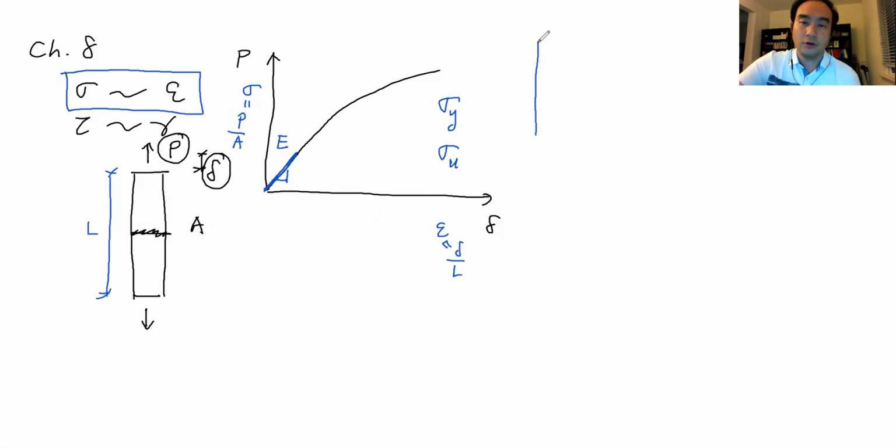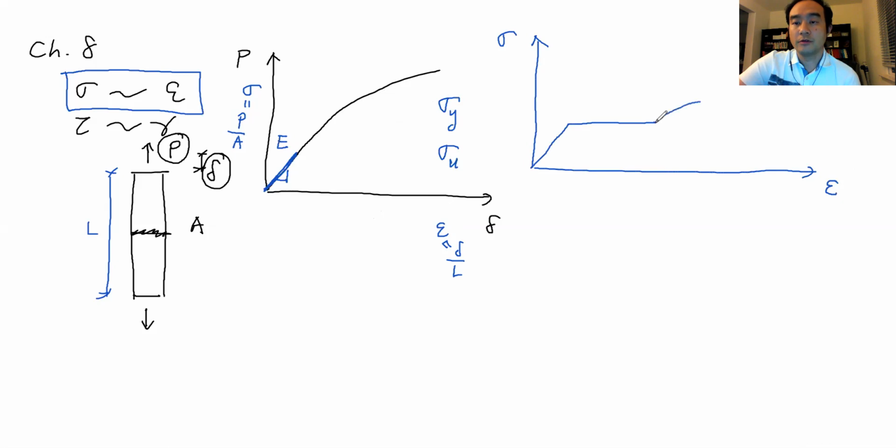And we talk about the sigma epsilon relationship for mild steel. By the way, every material has a different relationship between sigma and epsilon, and this is a typical relationship for mild steel.